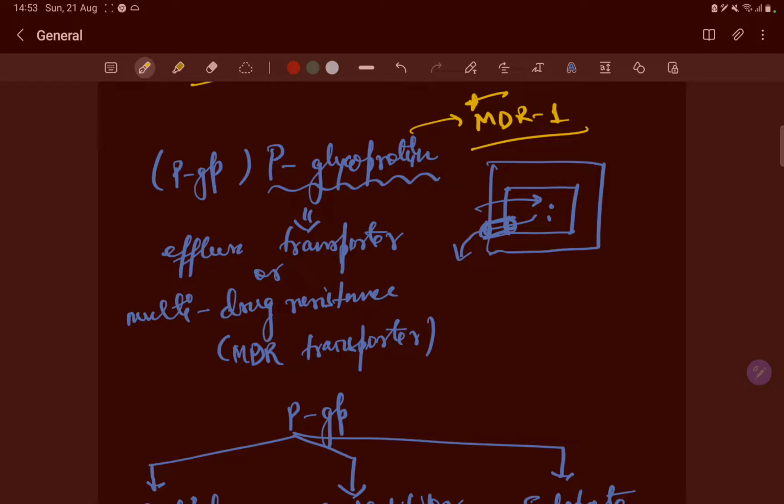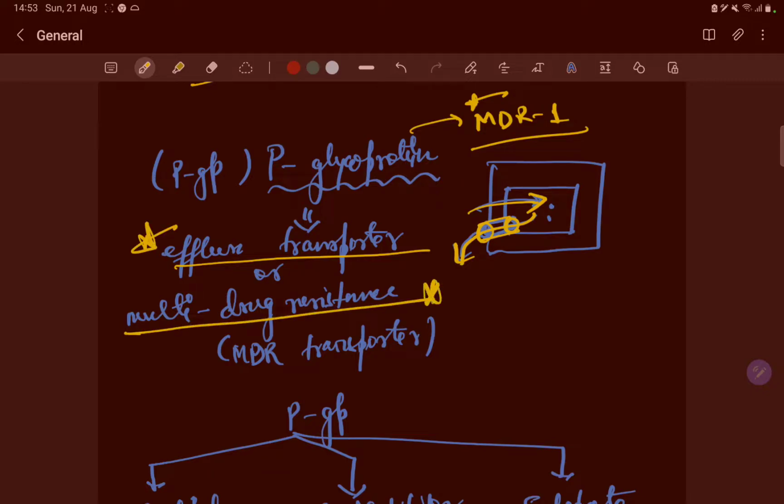And if it is more active, the drug will not act, because whatever drugs we take in, MDR1 will throw it out. Okay, whatever we eat, it will throw outside. So basically it is an efflux transporter.